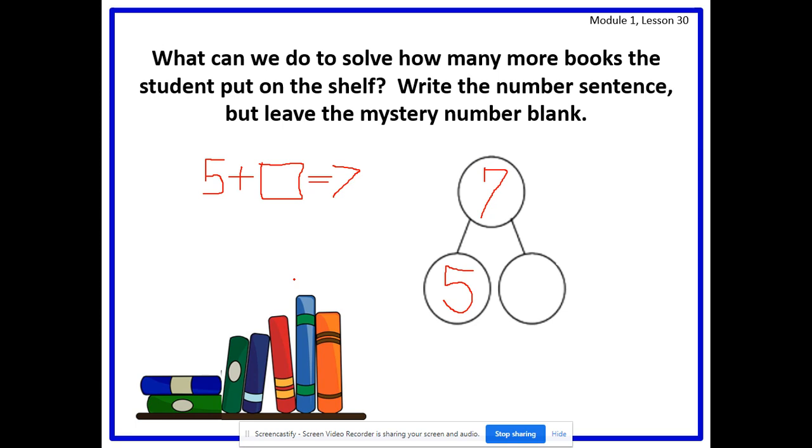Now let's write a subtraction sentence. Remember that when we write a subtraction sentence, we have to start with our whole number or total. What is our whole number? Get ready. Yes, 7. Minus, what's the part that we have? Get ready. 5 equals blank. You should have this on your paper.